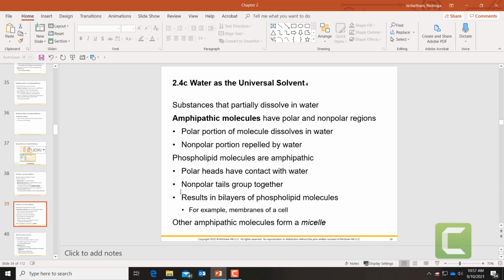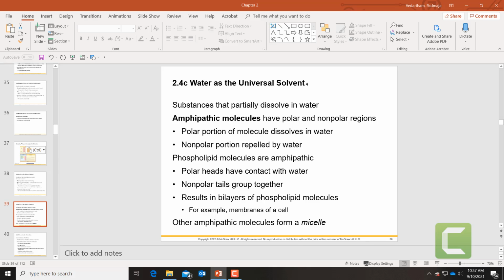So amphipathic molecules don't really dissolve in water, but they can orient themselves. The polar side of the molecule orients itself towards the water. So the polar portion dissolves in water and the nonpolar portion is repelled by water. Phospholipid is amphipathic, so the polar heads are in contact with water.